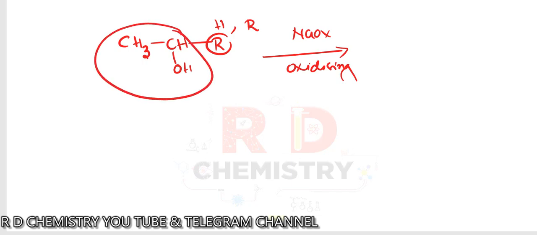Remember students, even alcohols can also answer. Alcohols of the type CH3CH(OH)R, where R can be hydrogen, benzene, or an alkyl group. Now why can alcohols answer? Because the sodium hypohalite used is an oxidizing agent. So it can oxidize this kind of alcohol to the type CH3C(=O)R.